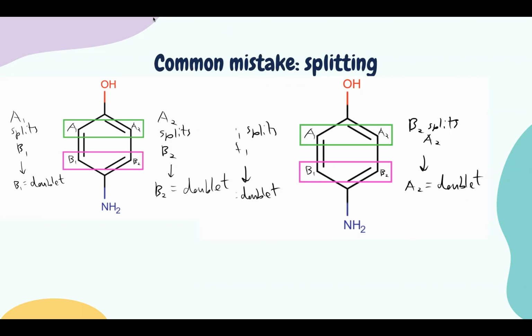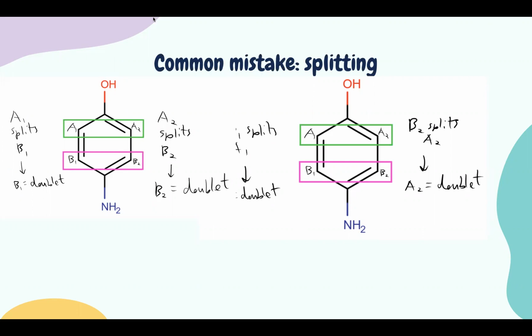So we're on the same page that there's two types of protons on the benzene ring, right? There's A and there's B. So there's only two signals coming from there. Okay. So let's look at just the green, which is the A proton. So A1 is a doublet because it's being split by B1.